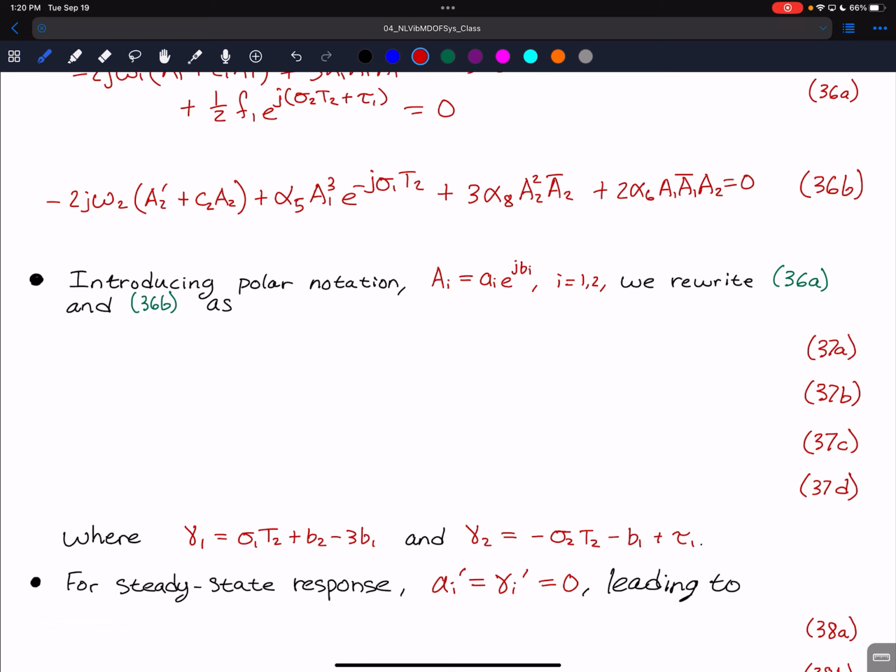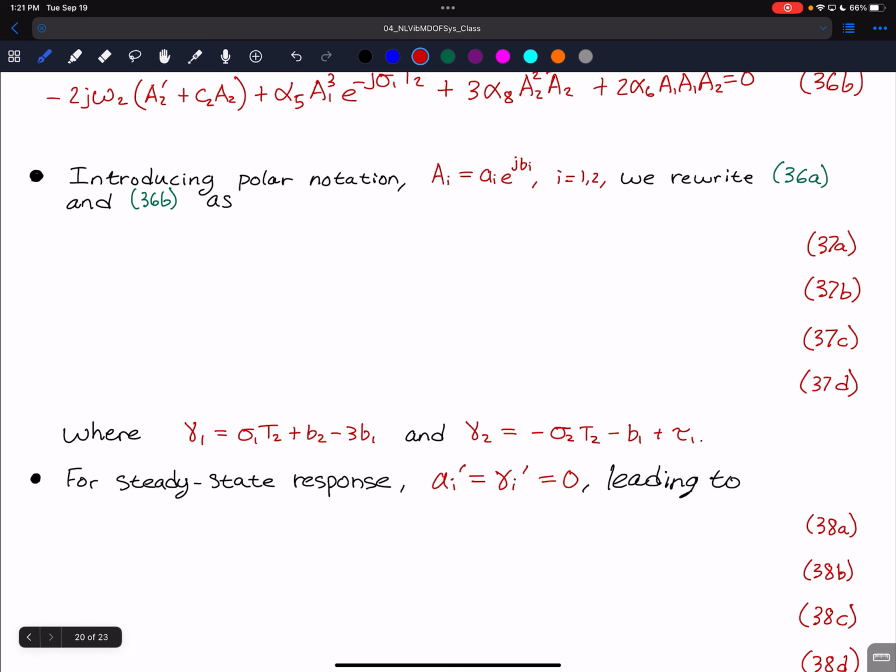Okay, we're going to just introduce polar notation, just like we have done many times before. We're then going to plug those in and collect real and imaginary terms, separate them, set them each equal to 0, and then we'll get the following 4 equations in this case.